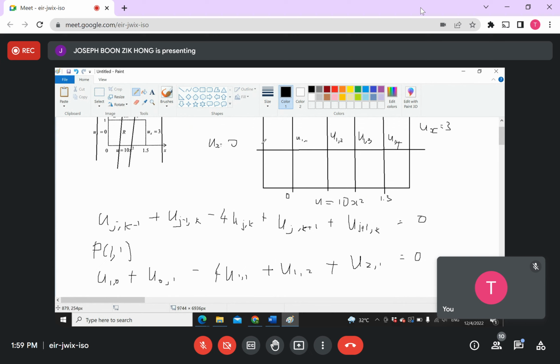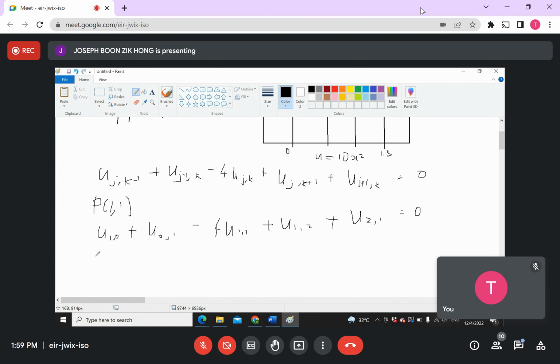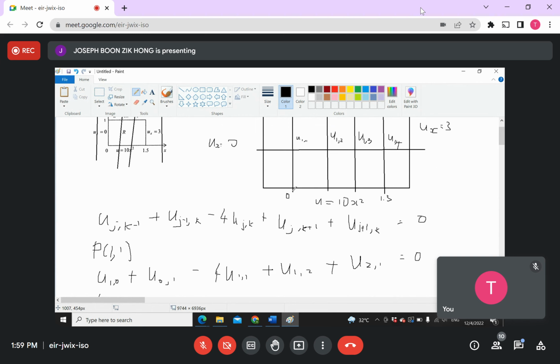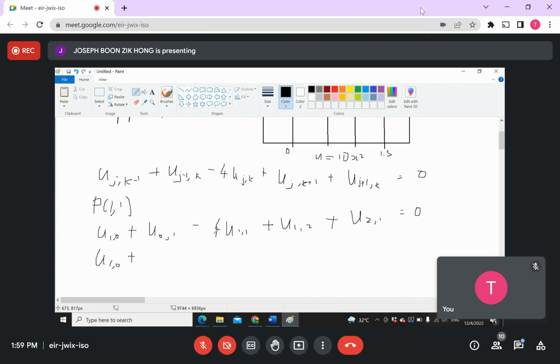So based on this one, U10 here, I don't know what it is. It's not given, it's only given the ux. So I remain U10 plus U01. U01 is here. U01 I can still use 10x squared. The x here is 0, so 10x squared is still 0, then no need to write.